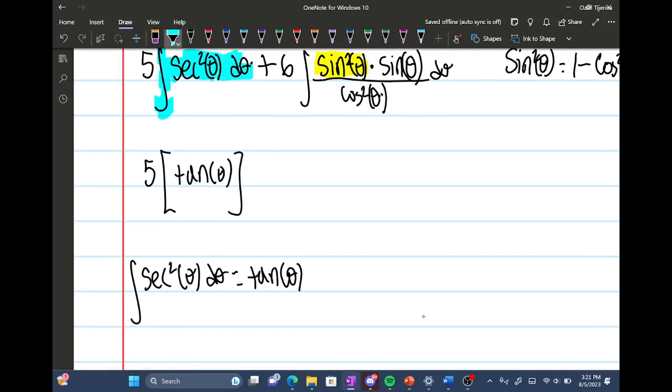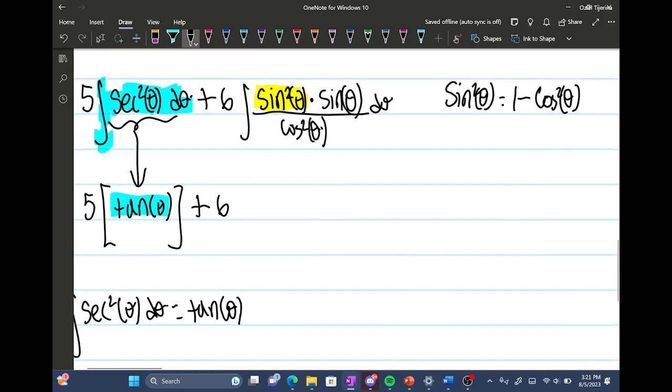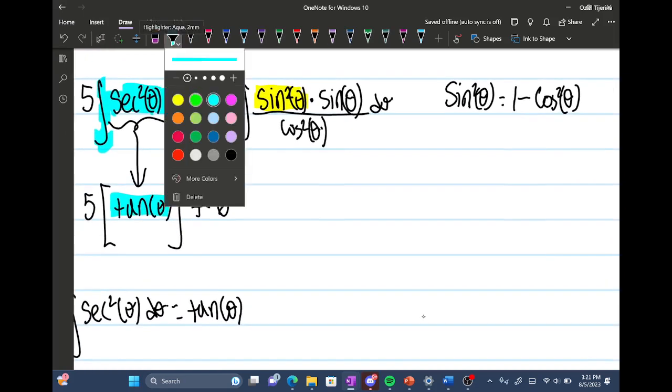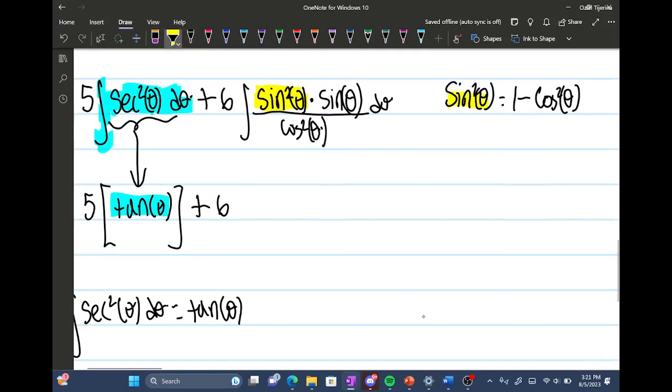So this whole thing becomes this. Then we have plus 6, and in place of sine squared theta we put 1 minus cosine squared theta.